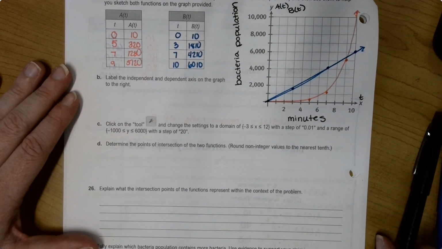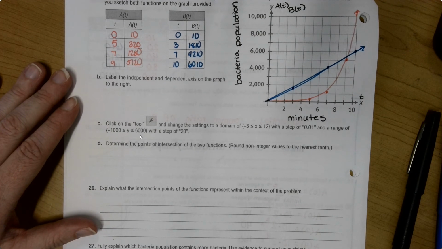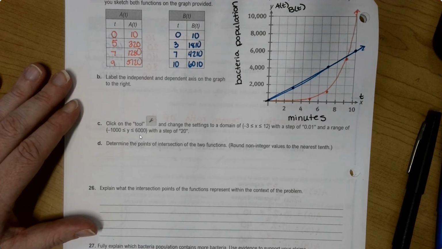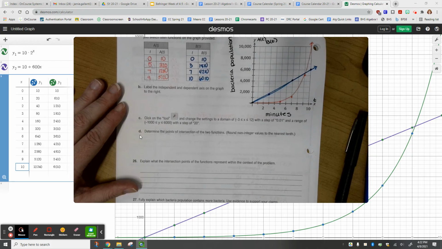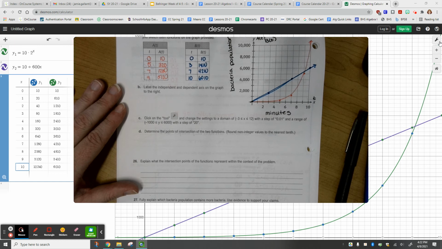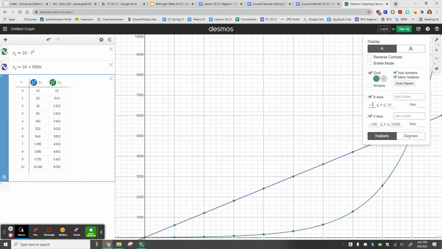All right, part C, we're going to change our domain and range so that we can see everything. And then we'll determine our points of intersection. So it asks us to change our domain from -3 to 12. So let's see what happens when we do that.